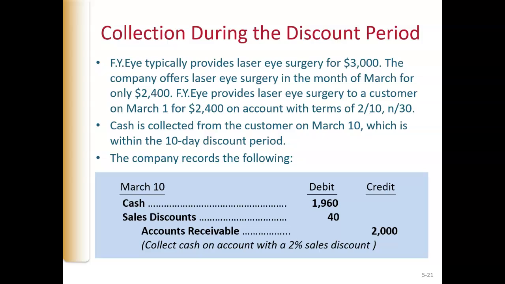We show cash for 98% of $2,000. We show a debit to a contra account called sales discounts for $40. But the entire accounts receivable of $2,000 gets credited because she doesn't owe any more, does she? She paid what she owed. Okay?